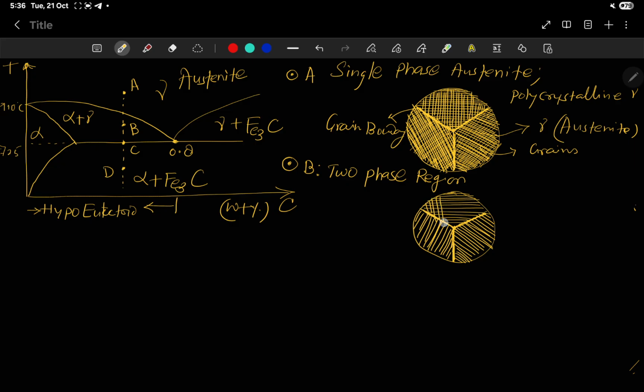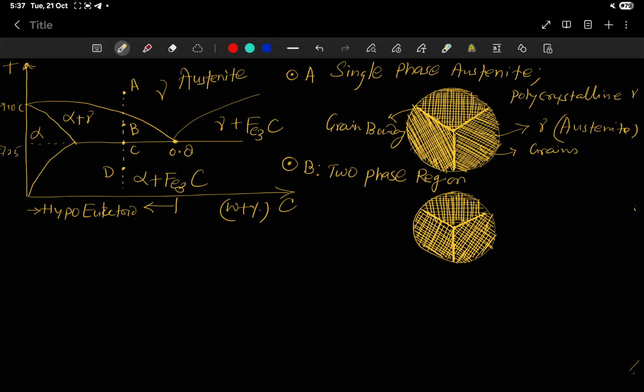And just draw these vertical lines. Right, now you can see this is present in the two phase region.